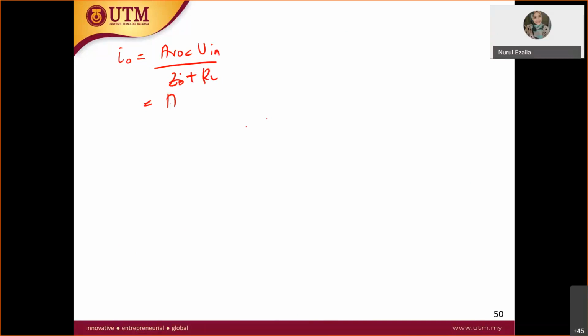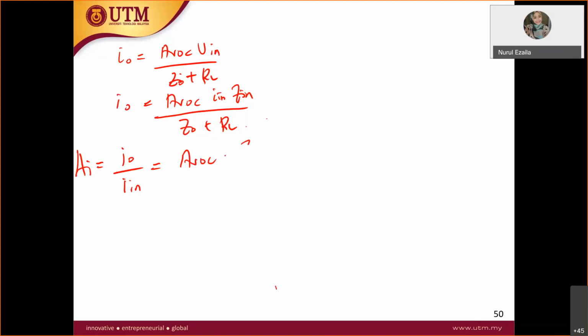So this AVOC is equal to the I in Z in, and then this is Z out plus RL. And finally, your I out over I in, which is represented as AI, is equal to the AVOC Z in over Z out plus RL.